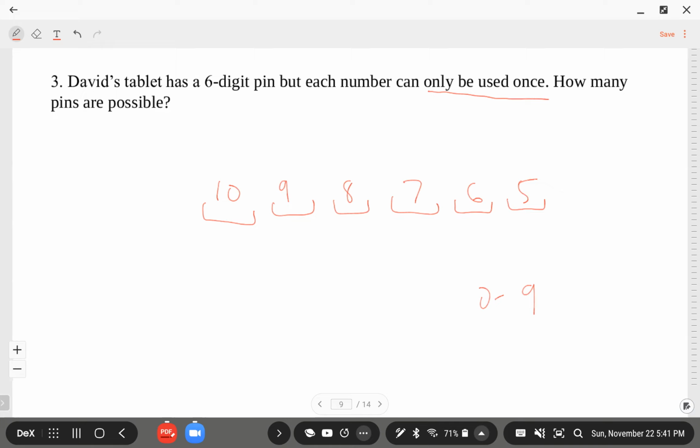That is why our choices for the second digit is lowered to 9. So we just go down by 1 every digit: 10, 9, 8, 7, 6, 5. This is a pretty standard box method problem. So we just multiply out.